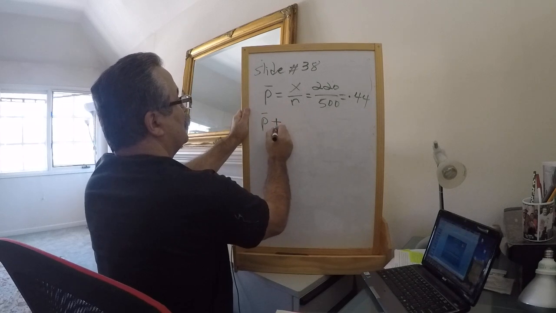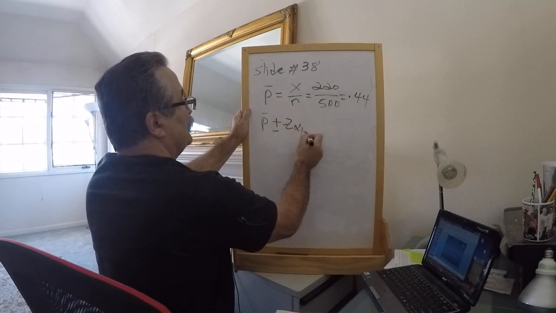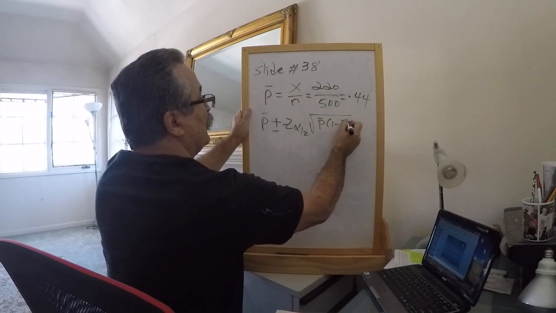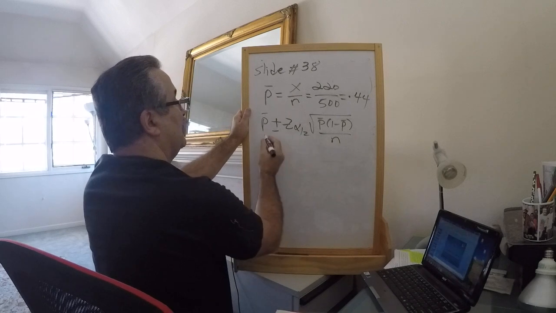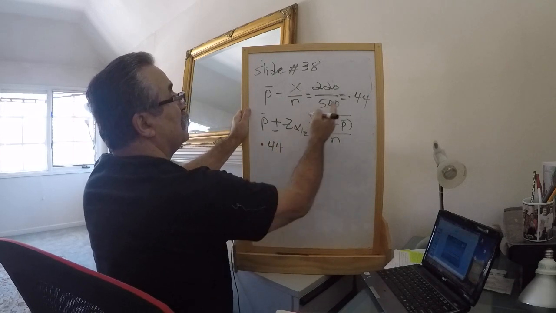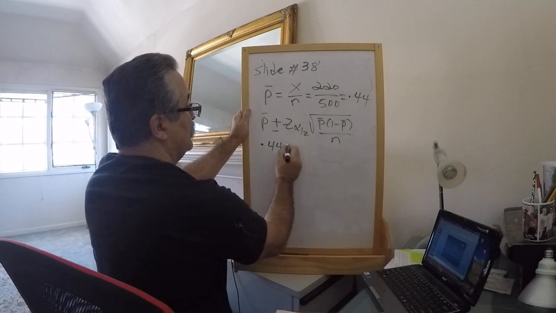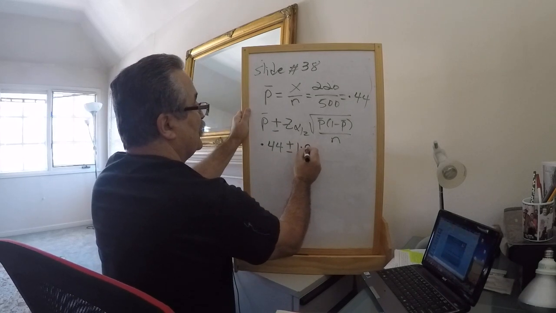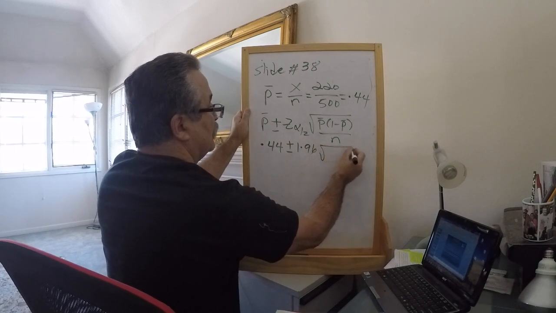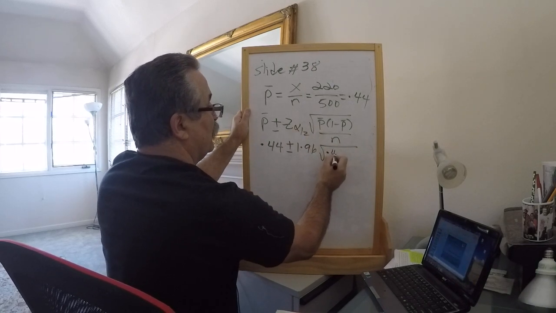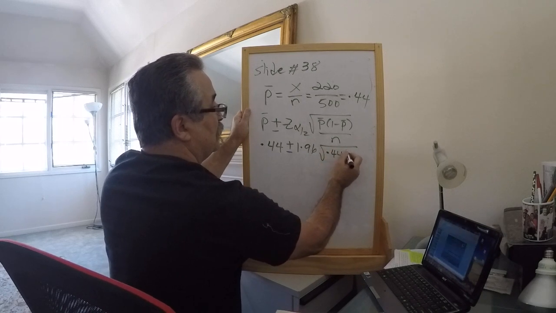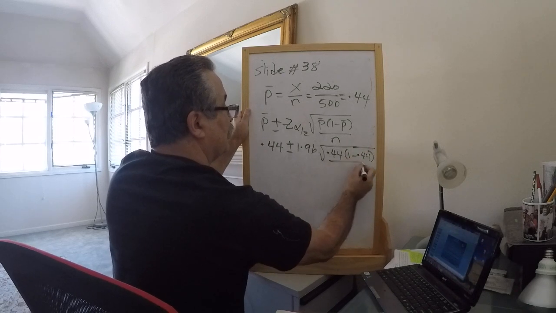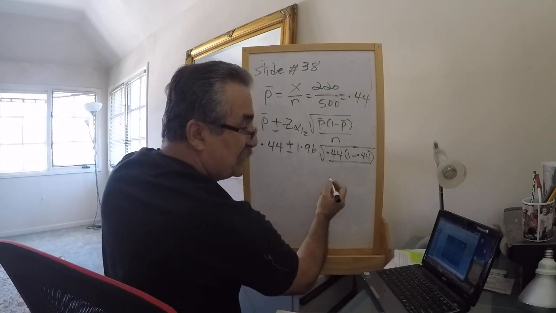P bar plus or minus z sub alpha over 2 times the square root of p bar times 1 minus p bar divided by n. 0.44, this is our lowercase p bar, plus or minus, for 95% we have 1.96 times the square root of 0.44 times 1 minus 0.44, divided by n, which is 500.